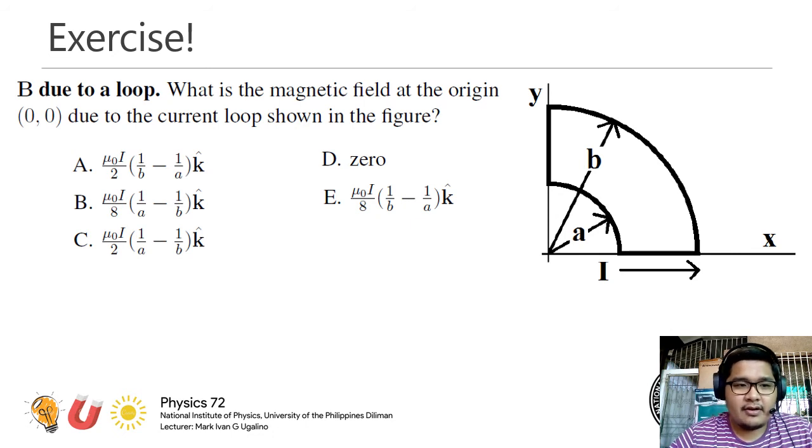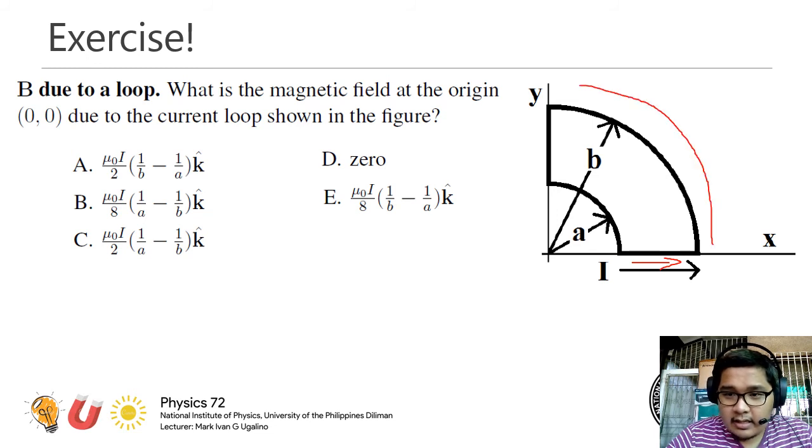Let's consider another exercise, in which we will consider a current loop that looks like this. Here you have a current flowing in this direction, then a counterclockwise current, then downward, then a clockwise moving current.